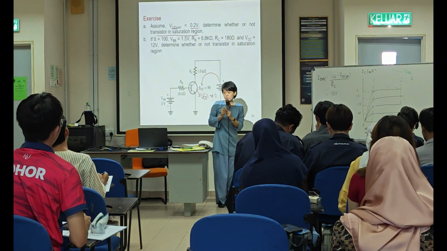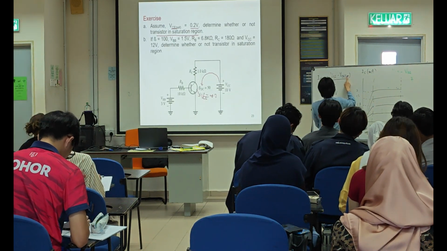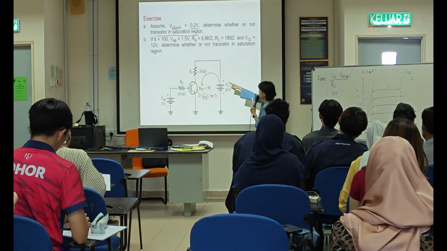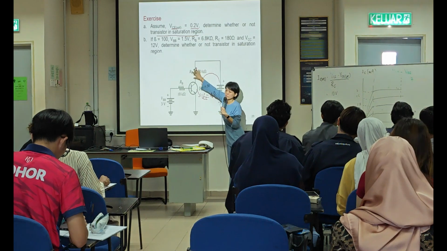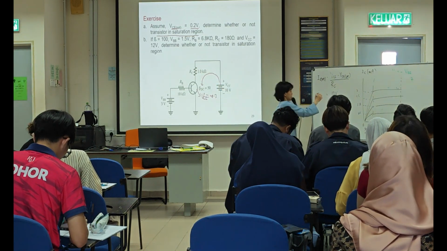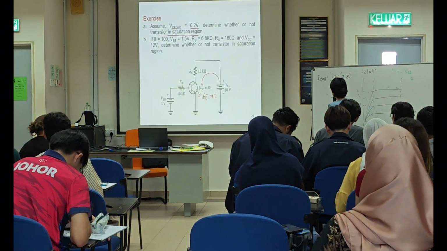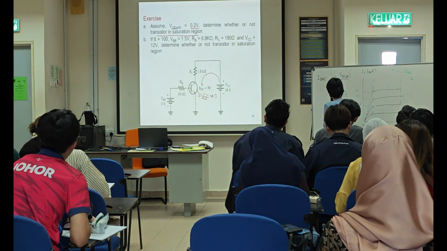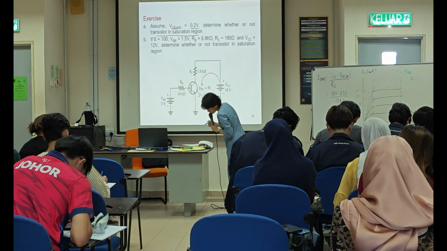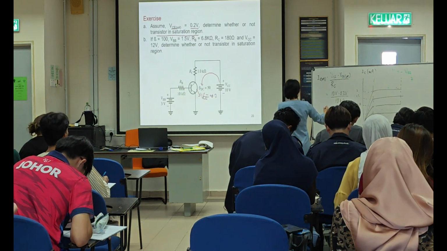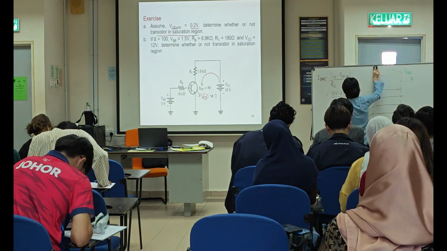To calculate this, you have to take VCC minus your VCE, then you only can get your current here. So you take 10 minus 0.2 volt divided by your RC, 1 kilo. So you get 9.8 milliampere.